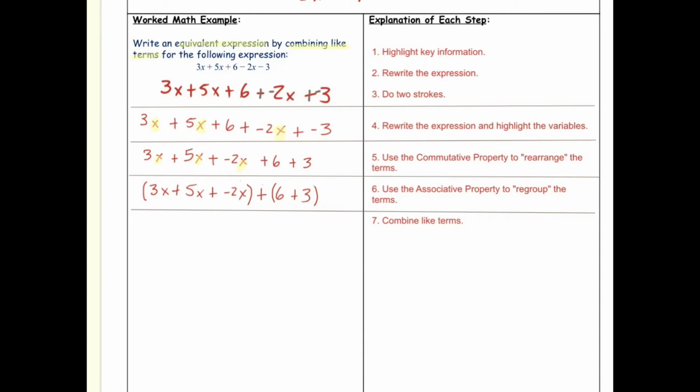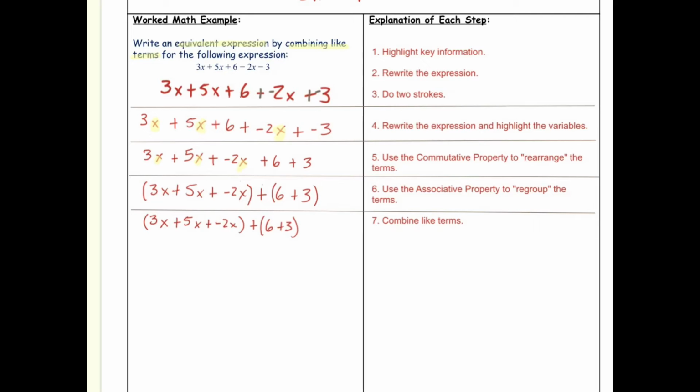Our seventh step will be to combine like terms. We're going to add the terms that have the same variables together and the ones that don't have a variable together. We are going to start from left to right. 3x plus 5x, we are going to add the coefficients, that means the number in front of the variable.